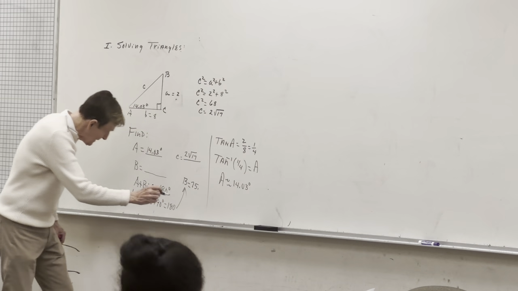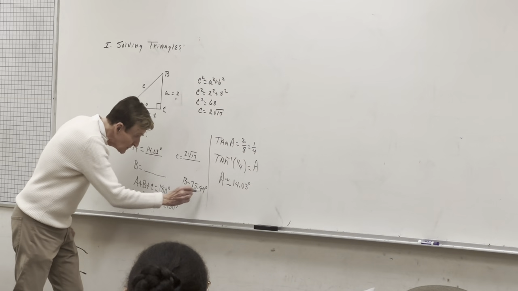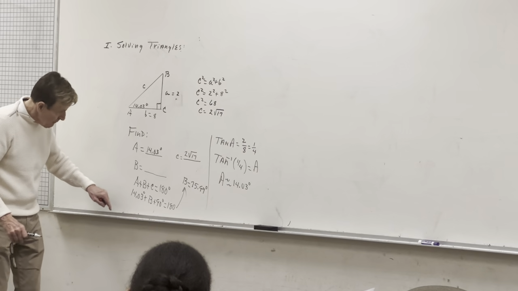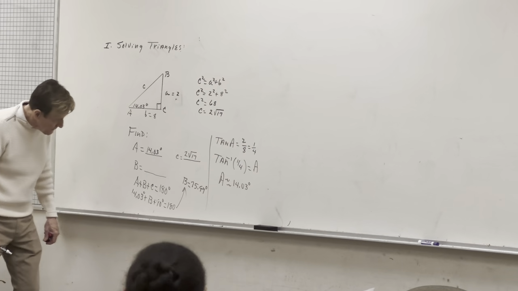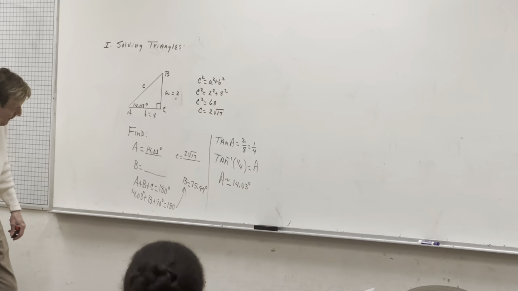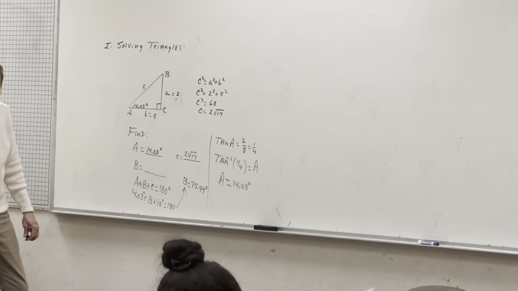June, is that what we're supposed to have? 180 minus the sum of these two, 90 plus 14, he called that 104. 180 subtract 104.03. Yes. He says 75.97. I can't really see that.